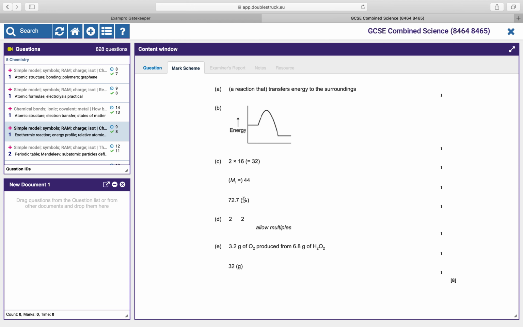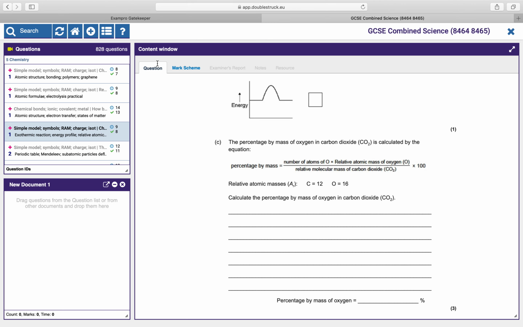Okay, so 72.7%. So they wanted it to 3 significant figures. That's fine. It's very possible that you could get away with actually putting down 73% though.